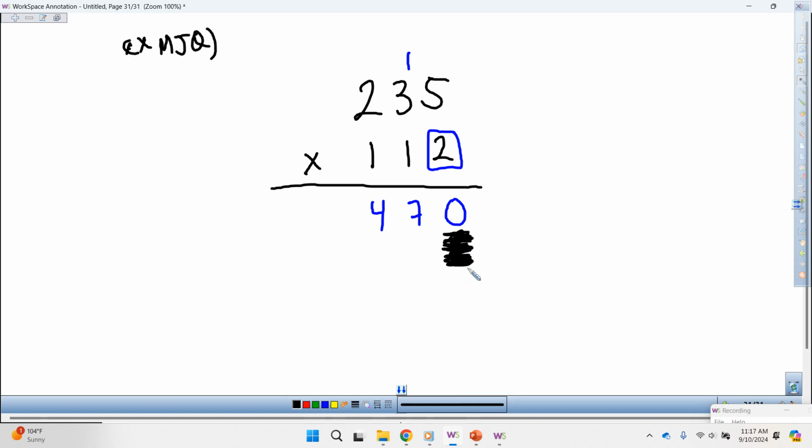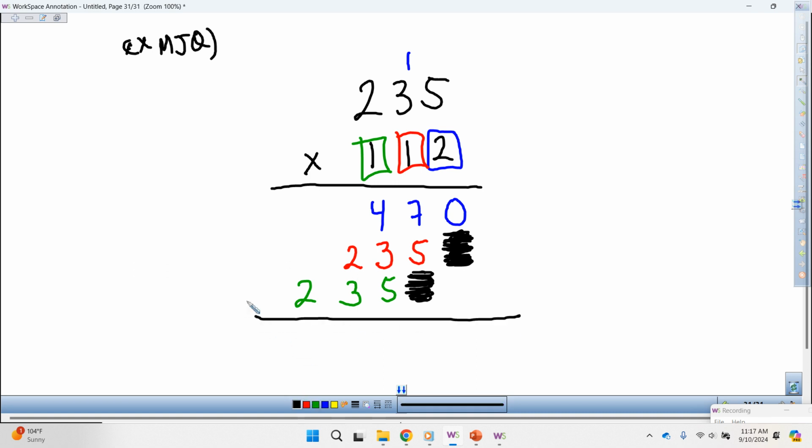I'm not going to use that because I'm moving over. And now I go to the next digit. 1 times 5, 5. 1 times 3, 3. 1 times 2, 2. And again, underneath the first digit of that last number, I put a blank, and I move over. And again, 1 times 5, 5. 1 times 3, 3. 1 times 2, 2.